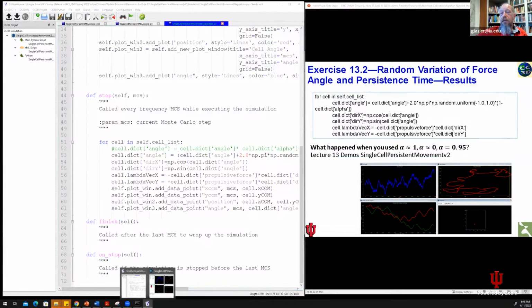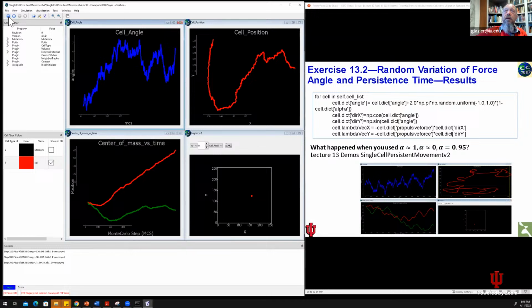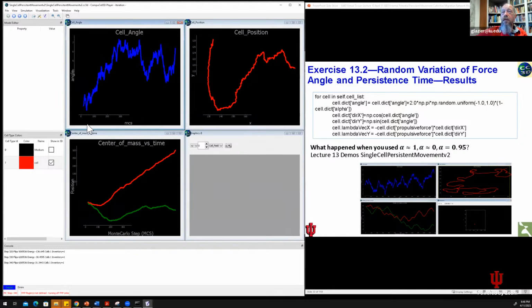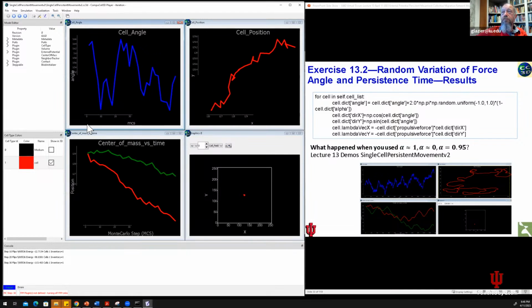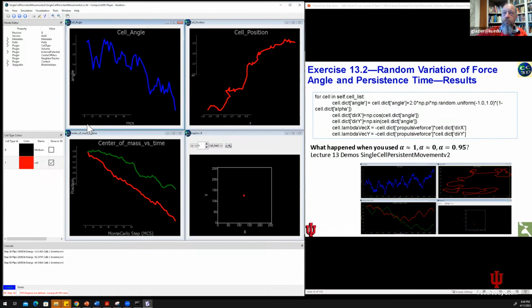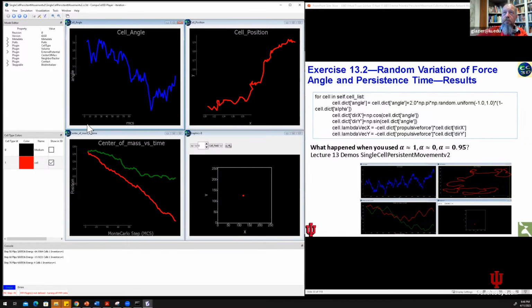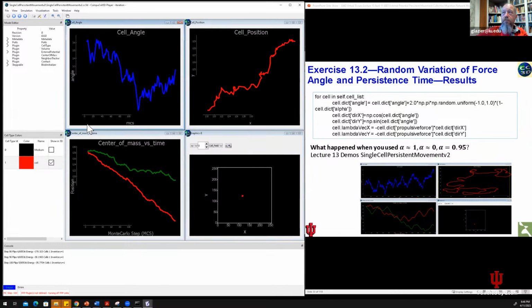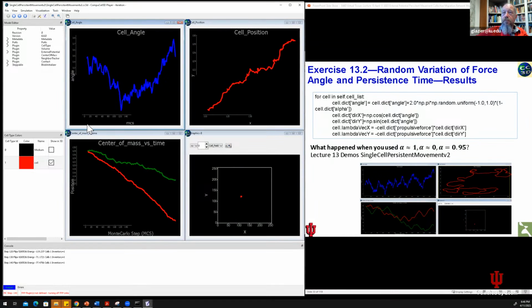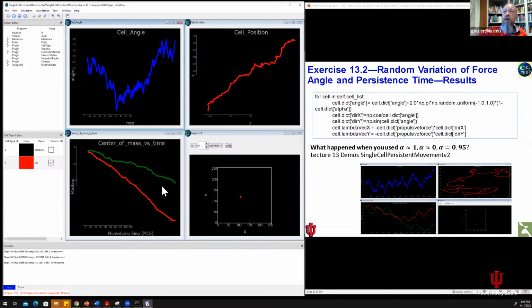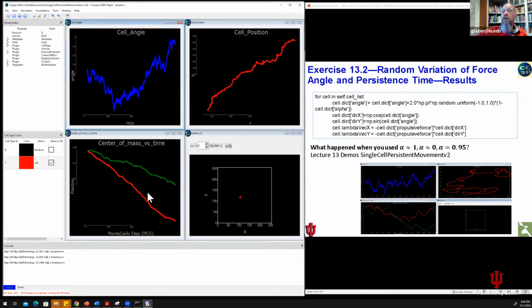Let's try that. Now it should stay in the same direction for longer. You see the velocities in the X and the Y direction are almost constant. They've got a little bit of fluctuation. And if I wait long enough, I'll lose the memory of my direction.